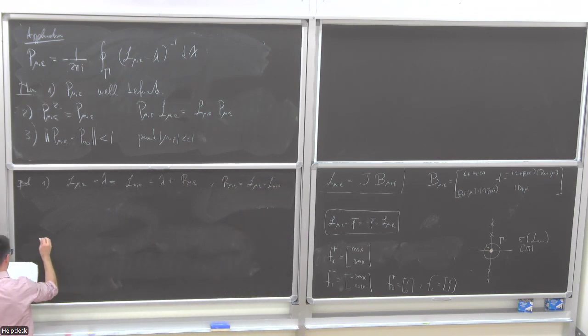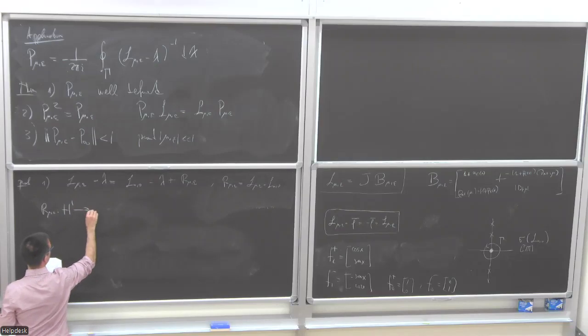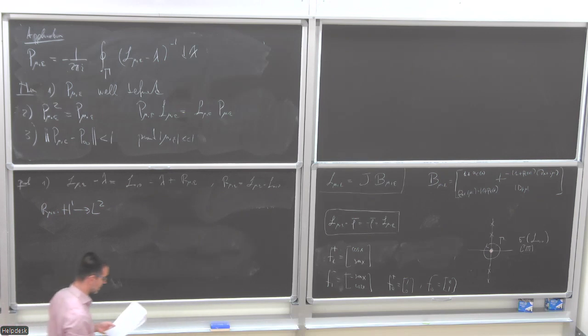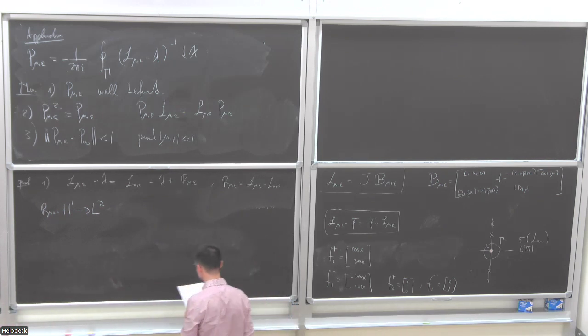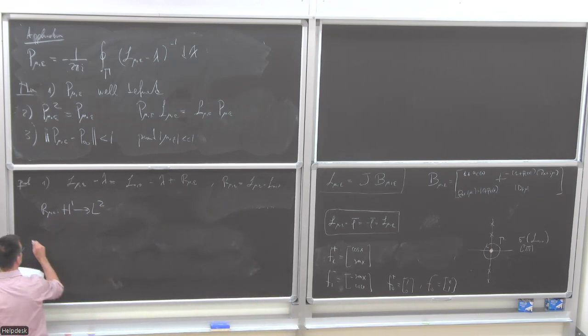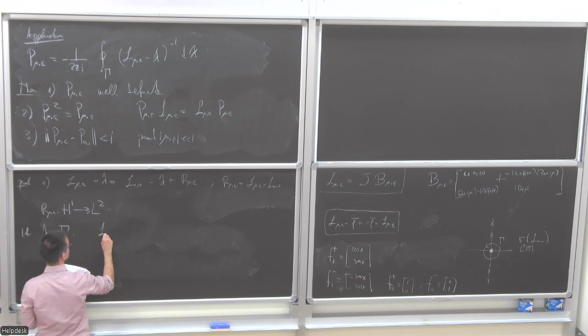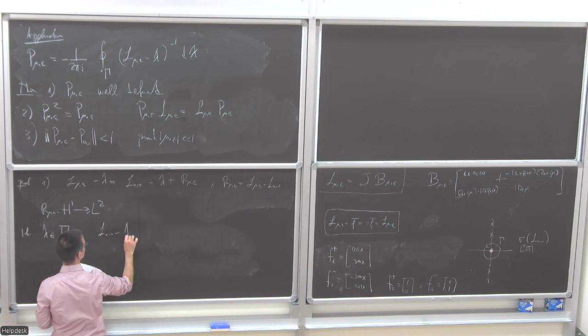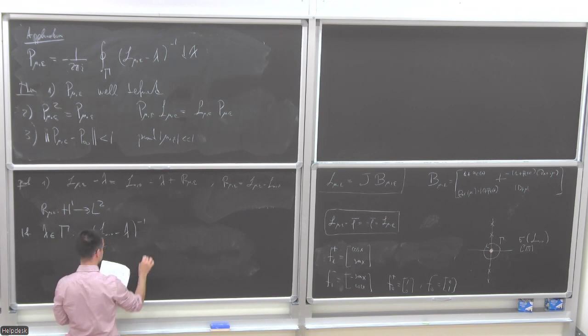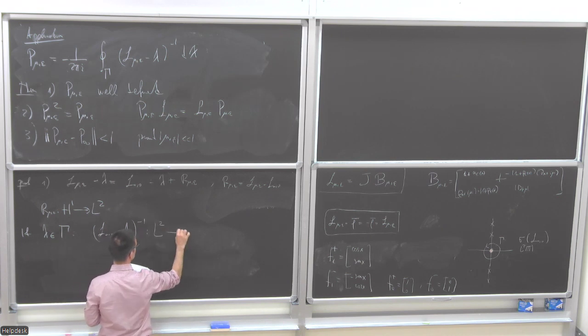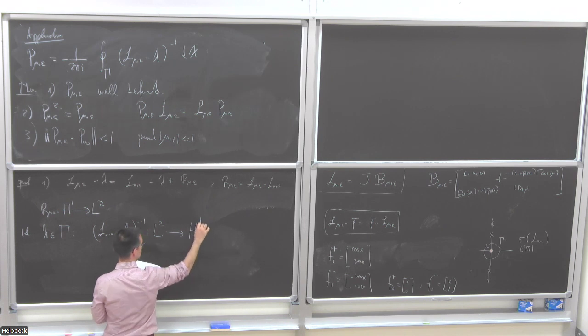And you can also check that this operator R mu epsilon is an operator from H1 to L2. But if lambda is in gamma, then the unperturbed resolvent is also well defined, and you can check that it maps L2 into H1.